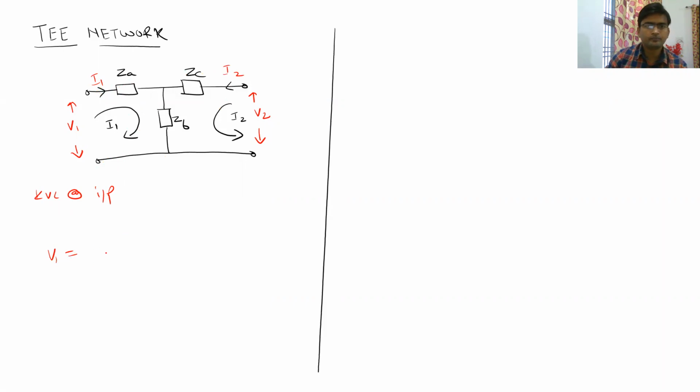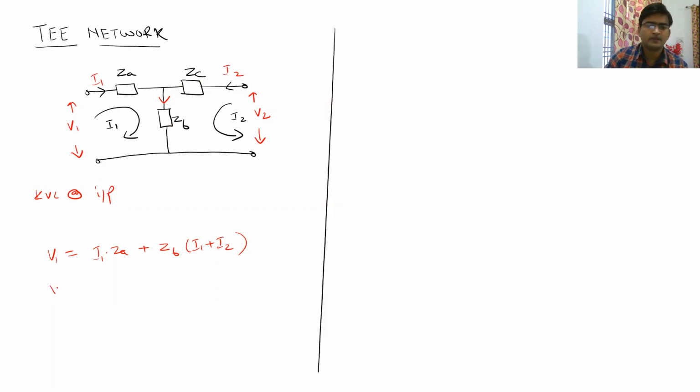So we can write V1 as I1 into ZA. And you know that in this branch, the combination of I1 and I2 will be flowing. So we can write that in ZB, we will have I1 plus I2, right? Because both these currents are entering in this ZB branch.